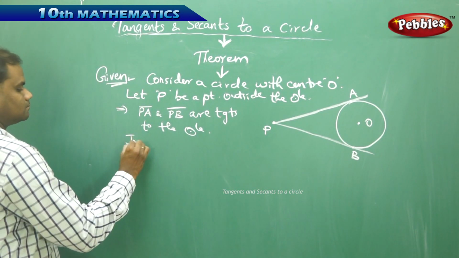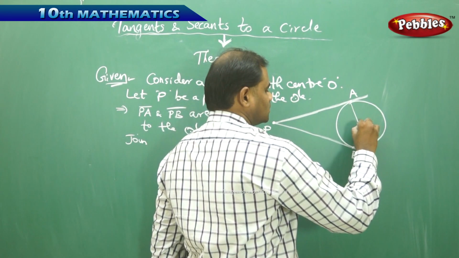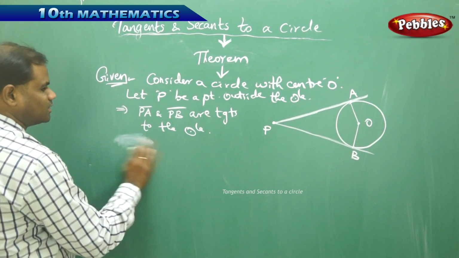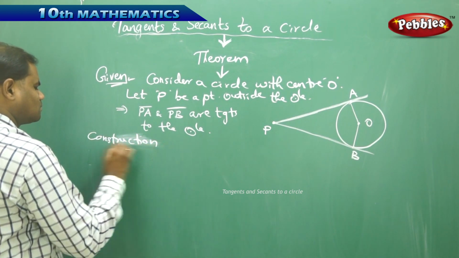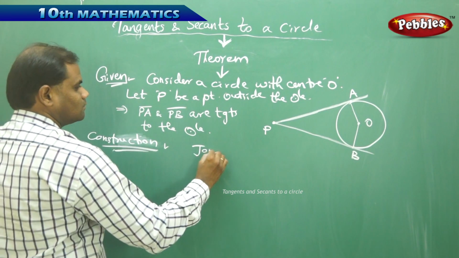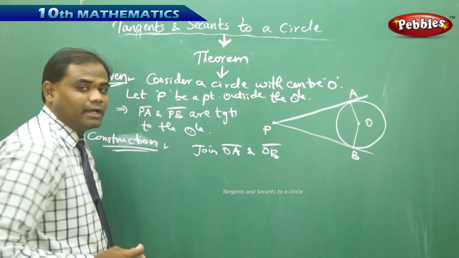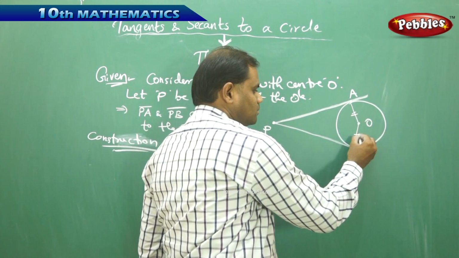Then thirdly, I join AO and OB, which can be taken as the construction. Here the construction is join OA and OB, the radii. Now OA and OB are the radii, therefore they must be equal.